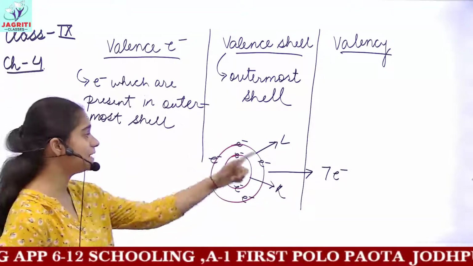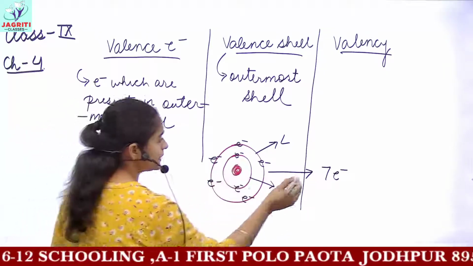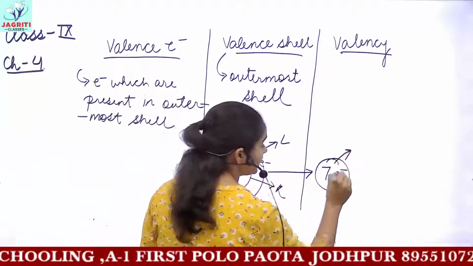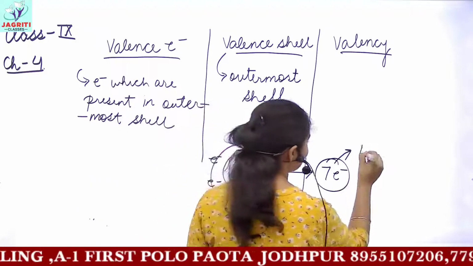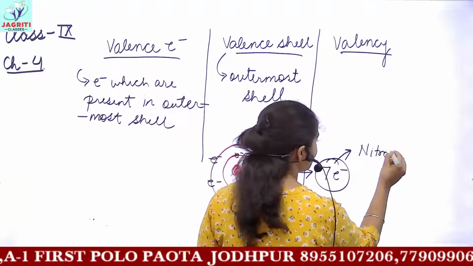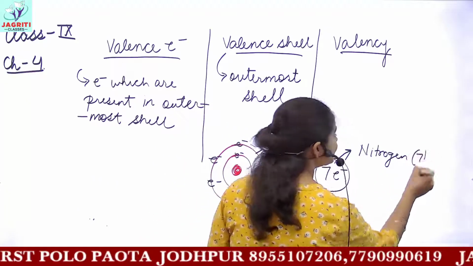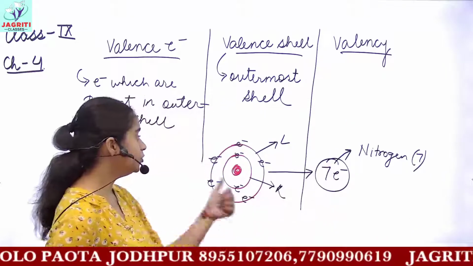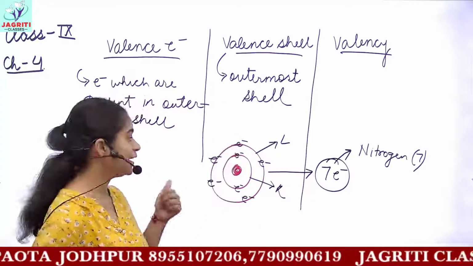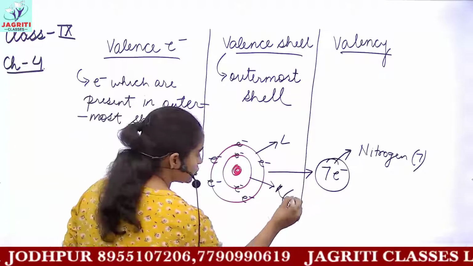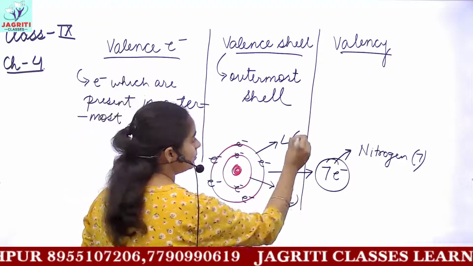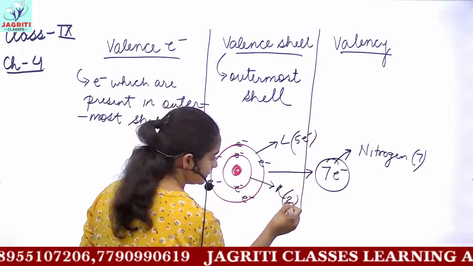Now for this atom, let's suppose the atom having 7 electrons is nitrogen, because the atomic number of nitrogen is 7. If we try to draw the electronic diagram of nitrogen, you will get 2 electrons in your K shell and the remaining 5 electrons in the L shell.